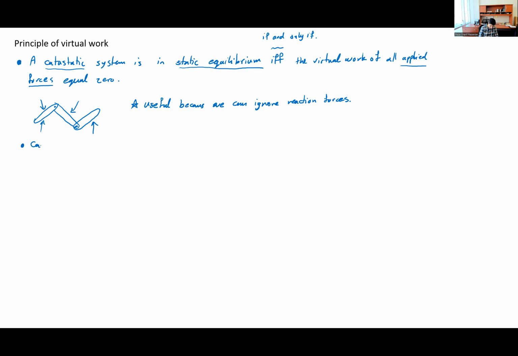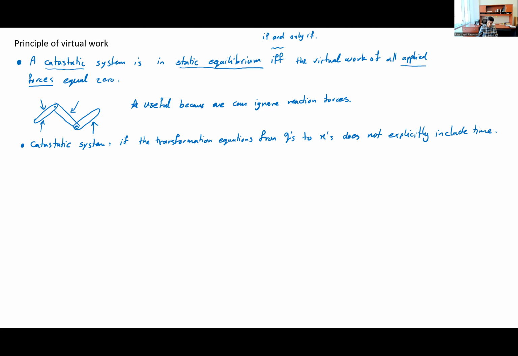What is a catastatic system? A system is catastatic if the transformation equations from q's to other coordinates, x's, do not explicitly include time.